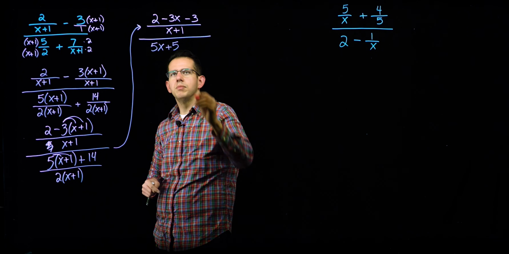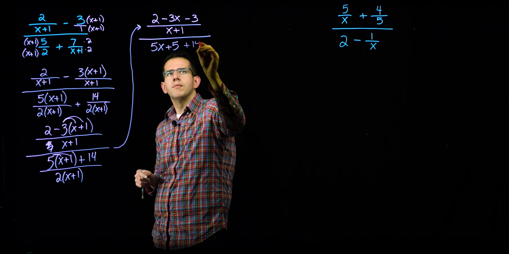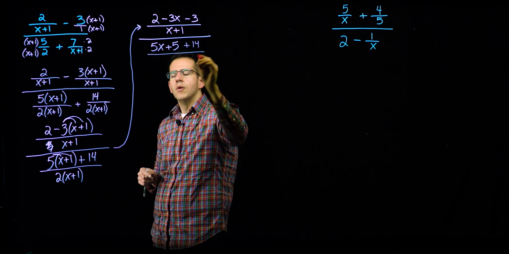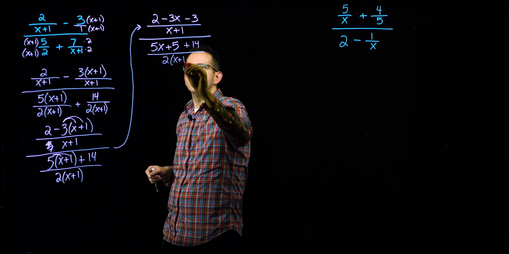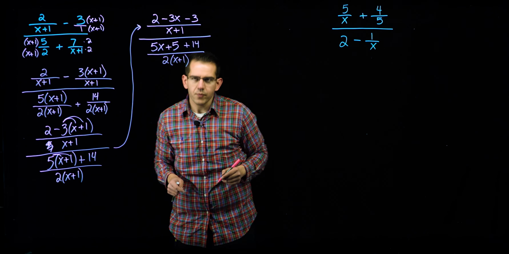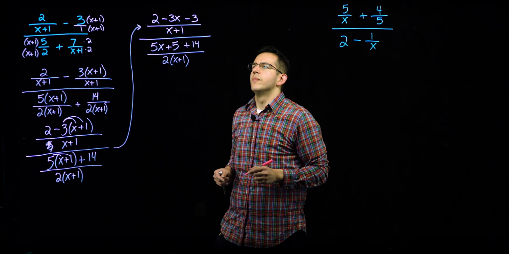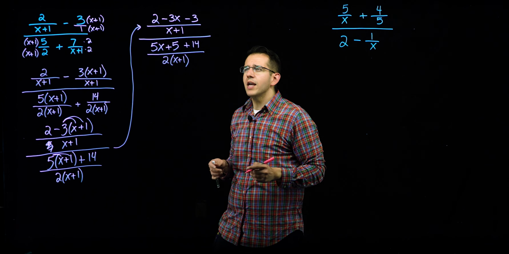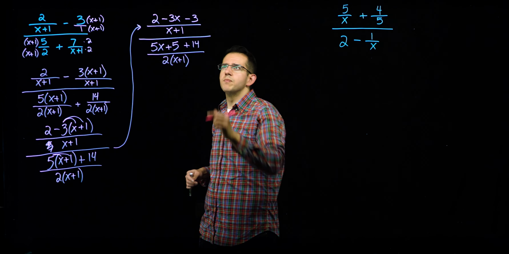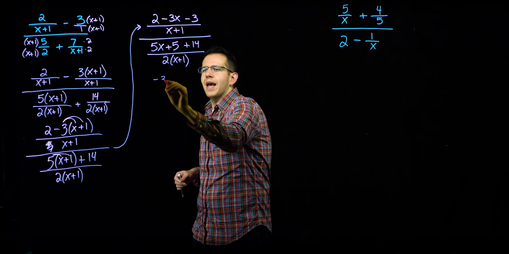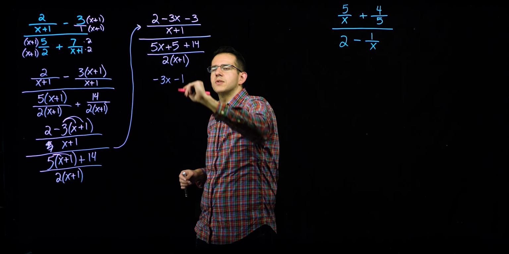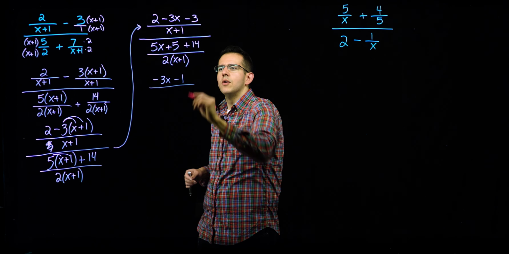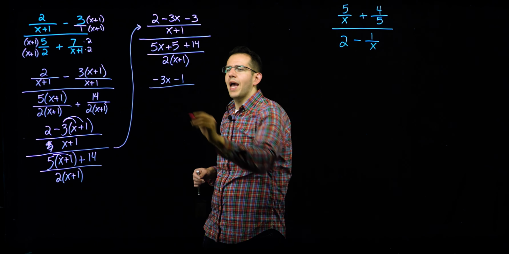And then we have a plus 14 all over 2 times x plus 1. We can continue simplifying by combining like terms to get negative 3x minus 1, since 2 minus 3 gives us negative 1, over x plus 1.